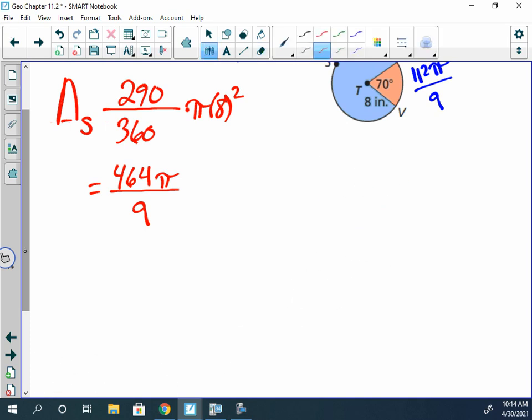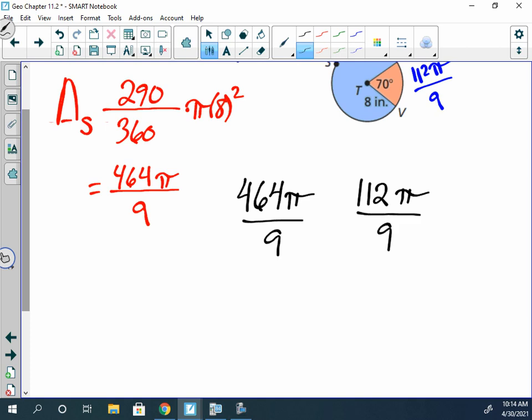So our two areas, I'm going to write it here. One of them is this here, 464 pi over 9. The other area is 112 pi over 9, yes?